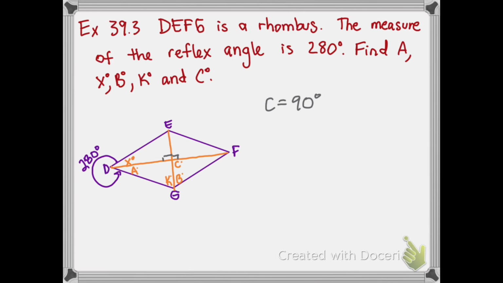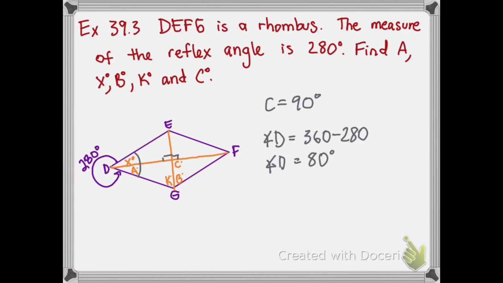Then we're going to look at A and X. If this reflex angle is 280, then we have to subtract from 360 to find A and X. So that angle, let's say angle D, is going to be 360 minus 280, and that is going to be 80.